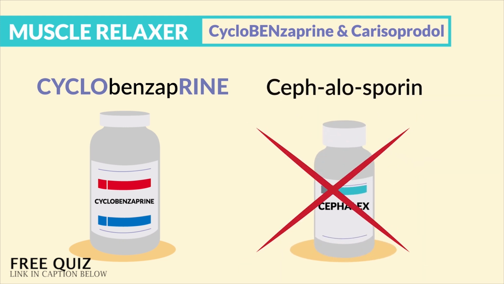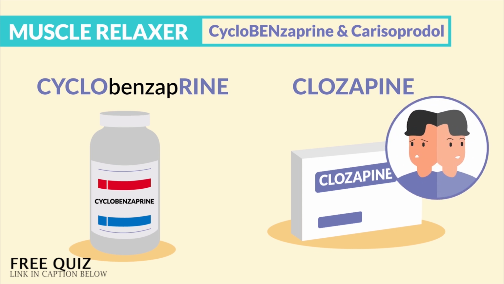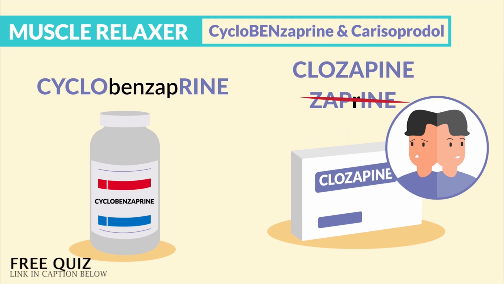And it's not cephalosporin, which is an antibiotic. So remember, cyclobenzaprine sounds kind of like clozapine, that psych drug for schizophrenia, which zaps immunity, leading to infections, so just think clozapine is not a zaprine.